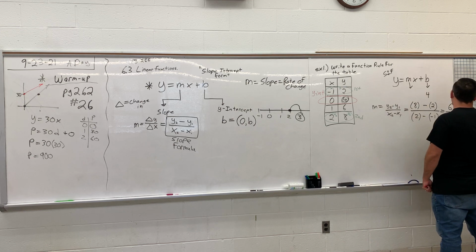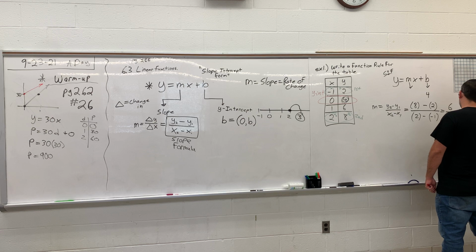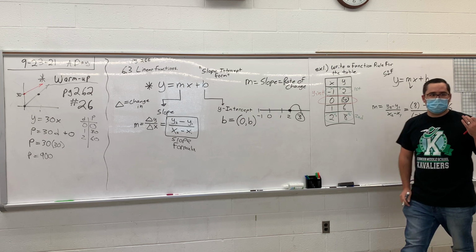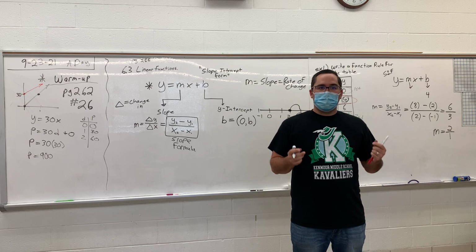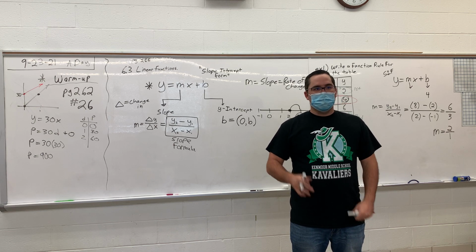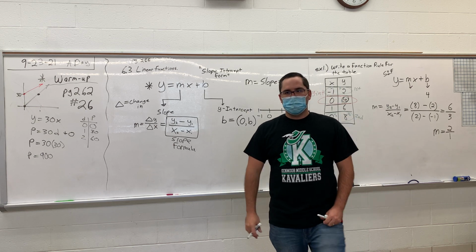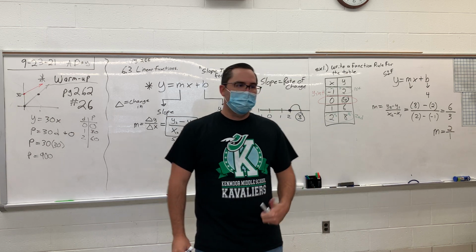And 6 over 3 simplifies to what? 2 over 1. So we can write our slope 2 different ways. Just a heads up, we like fractions as our slopes because later on we're going to talk about something called rise over run, so fractions are good.